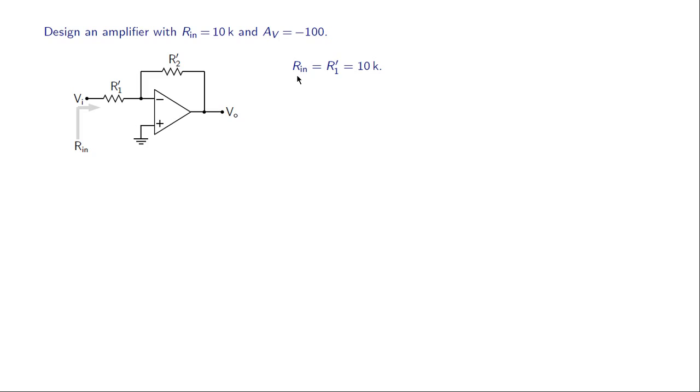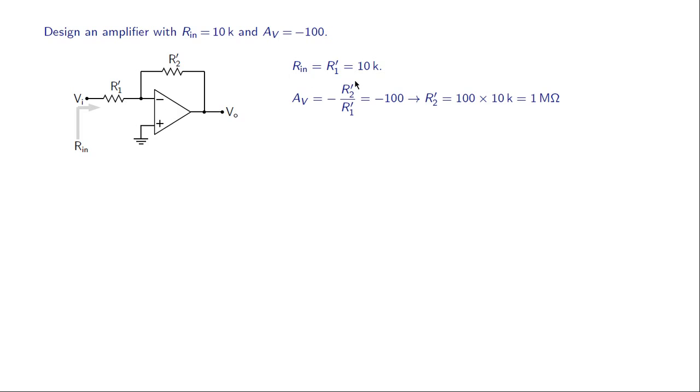Rin is the same as R1 prime as we have seen earlier, and that happens because the inverting terminal is at virtual ground and this current is VI by R1 prime. So that gives us an input resistance of R1 prime. Since Rin is supposed to be 10K, we have to have R1 prime equal to 10K.